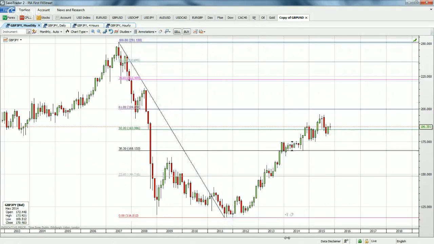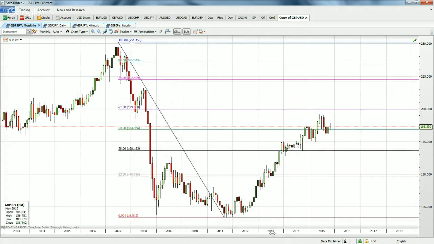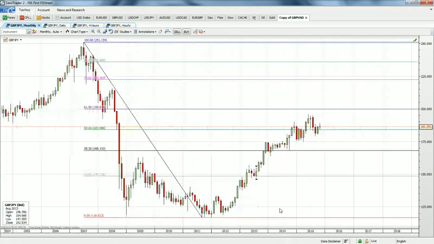So sterling yen, the reason I've mentioned that so much. We've got the monthly chart, a strong sell-off and a decent correction. It's corrected or stalled and reversed in between the 50 and 61.8% pullback levels, and we're talking about the 2007 to 2011 move, and then 11 to 15.